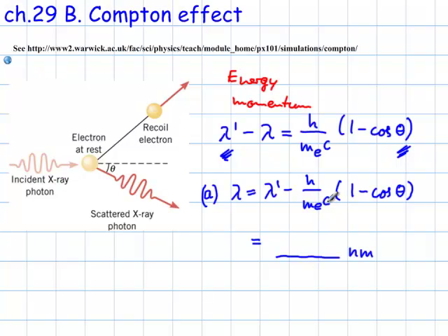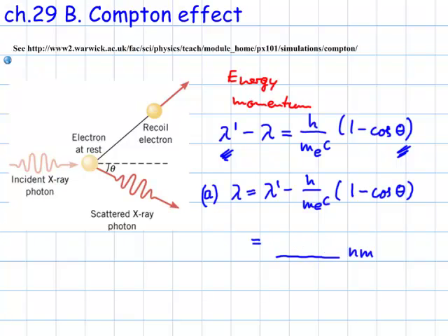Here 3 times 10 to the 8th meters per second. And then parentheses times 1 minus cosine 163. Overall, you would come up here with something in meters, so just multiply that with 1 times 10 to the negative 9, so that you subtract nanometers from nanometers and overall get nanometers.